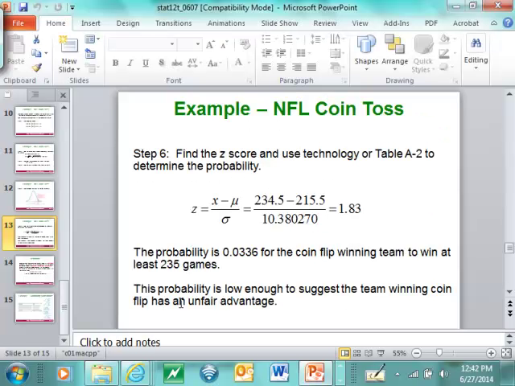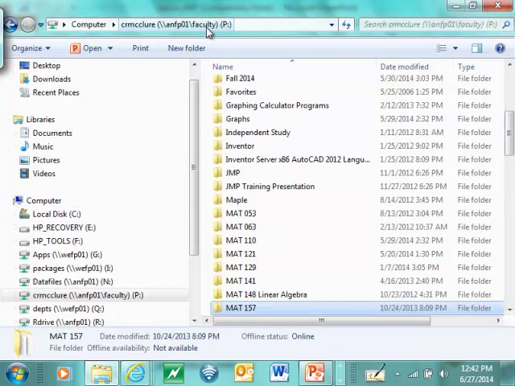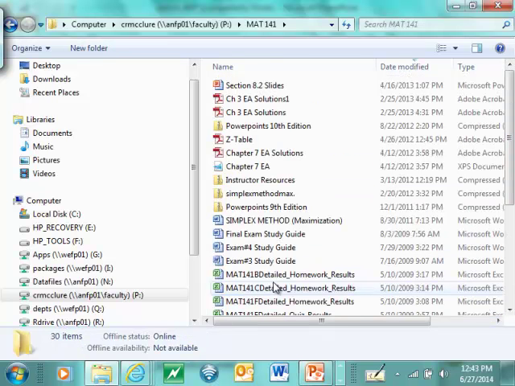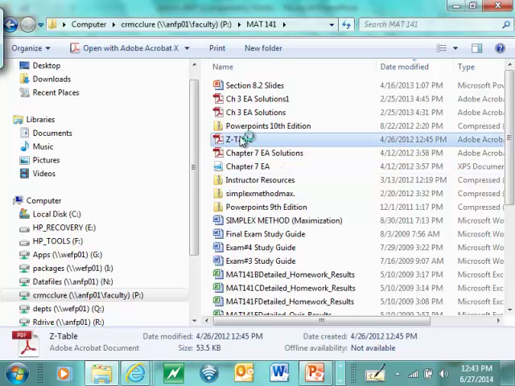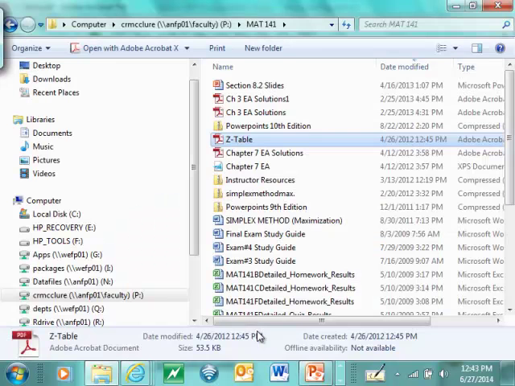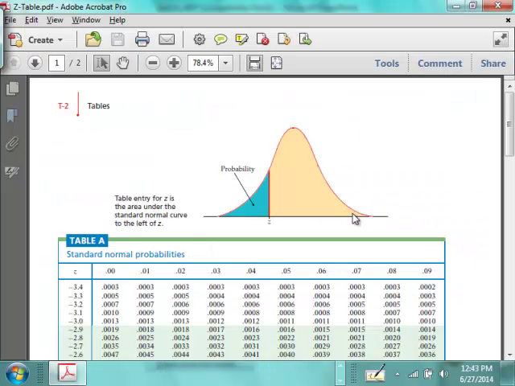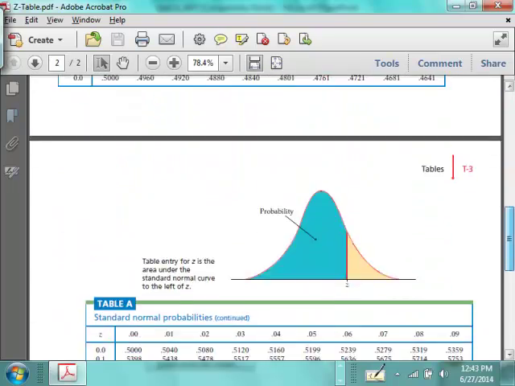Let me go into my folder here, and I'll pull up the z-table. There's my z-table. 1.83. Well, we want the area to the right. Using our z-table, we'll look up the area to the left, and then we'll subtract from 1.